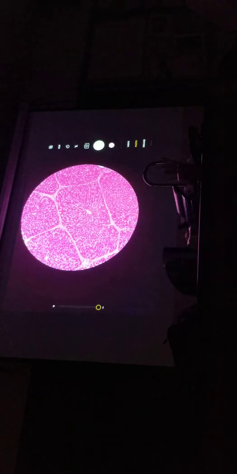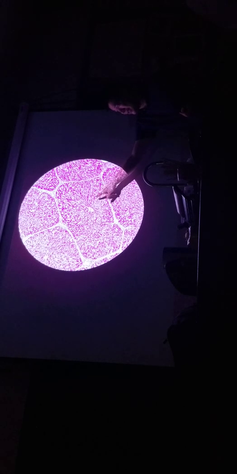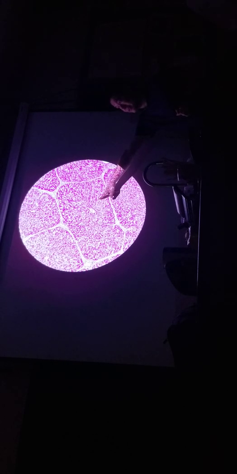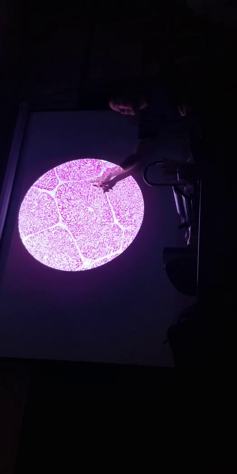What organ? This is the liver. So, what type of capillaries have all these holes in it? Sinusoids. See how stripy it is?